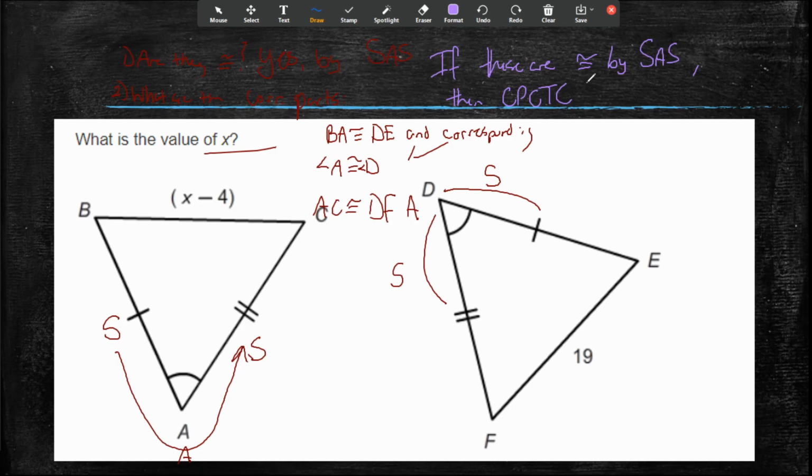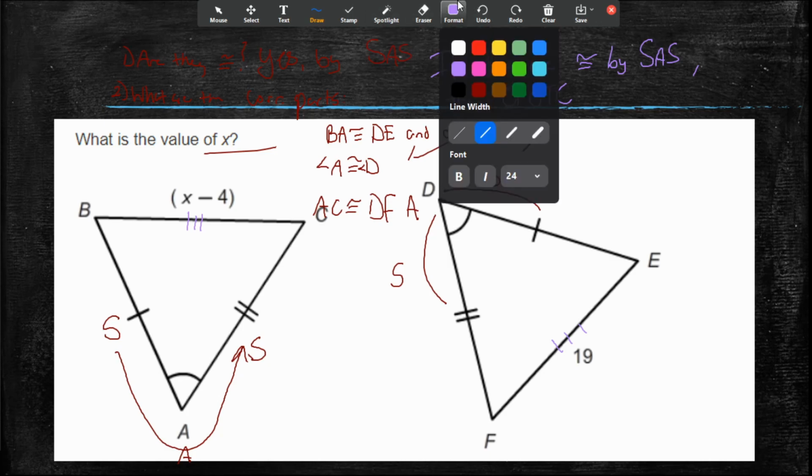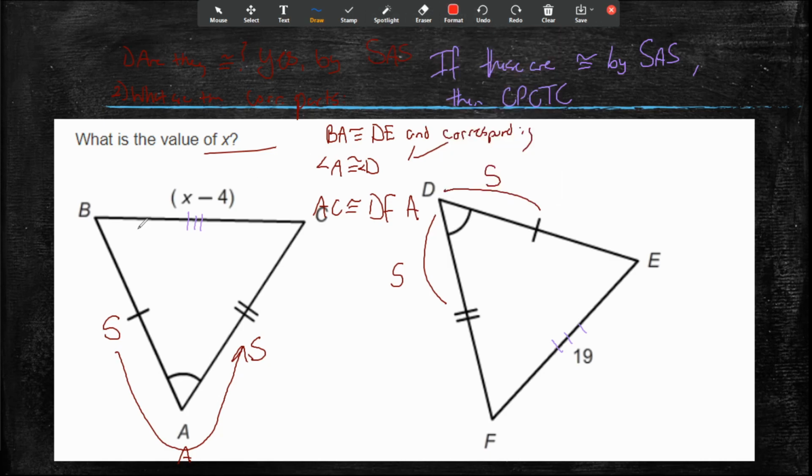This is what I meant by CPCTC being so important in your proofs. If I know those three parts are congruent, then all the other parts of this triangle that are corresponding are congruent. So really easily, I know this side, that's my third side, is congruent to this one's third side. I'm not going to even worry about the angles at this point because I already see something coming out of this. And that is simply this.